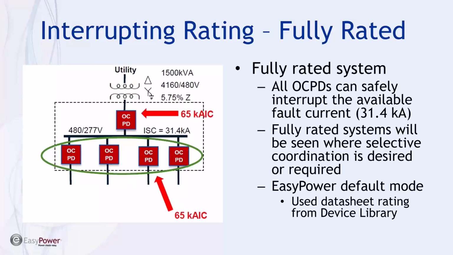So in this particular example, I show on my one line that we have upstream an overcurrent protective device, which may be a fuse or a breaker, that's rated for 65,000 amps. And each of our protective devices on the downstream bus are also rated for 65,000 amps. So in this particular configuration, this is regarded as a fully rated system. Now you can see we have fault current available on this bus, a short circuit fault current of 31,400 amps.